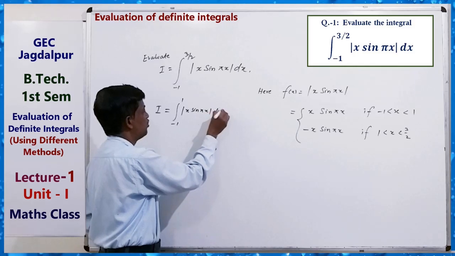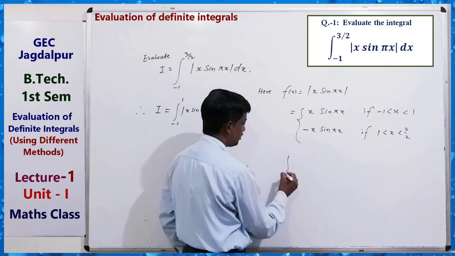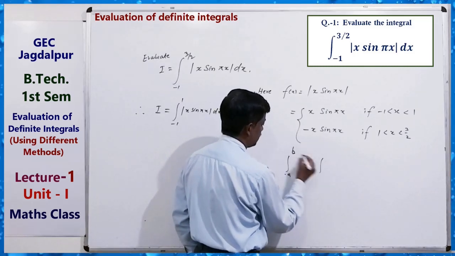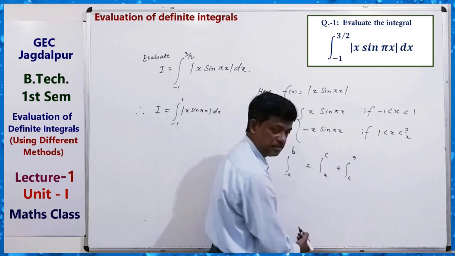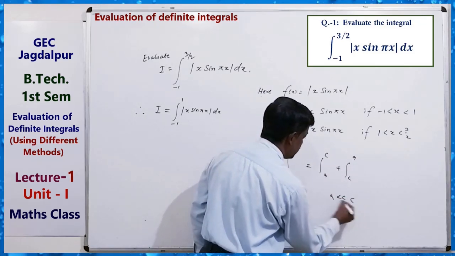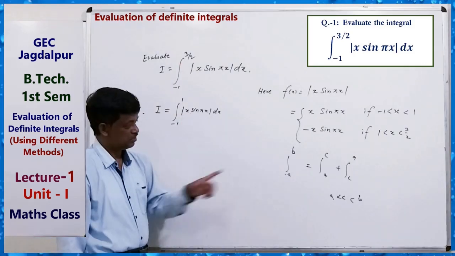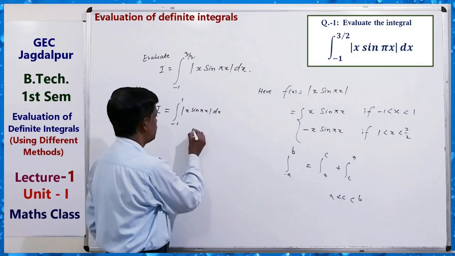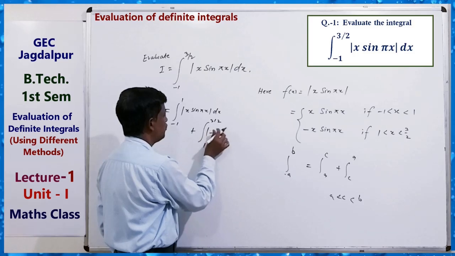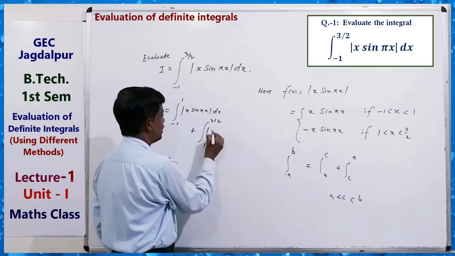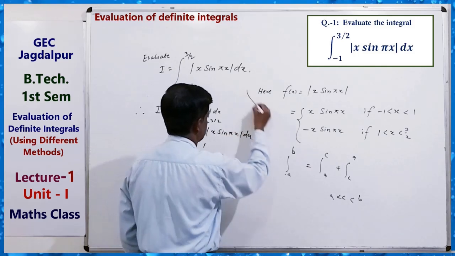Just we break this mod in this interval by using the property: integral from A to B equals A to C plus C to B, where C lies between A and B. So here, between -1 and 3 by 2, the in-between number is 1. So by using this property, we can write this plus integral from 1 to 3 by 2 of mod of x sin pi x dx.